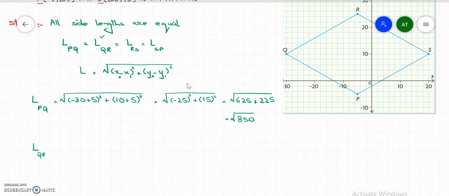You name the coordinates of Q as x1, y1 and the coordinates of R as x2, y2. Let's put the coordinates into the formula: (x2 minus x1) whole square, so negative 5 plus 30 whole square, plus (y2 minus y1) whole square, that would be 25 minus 10 whole square.